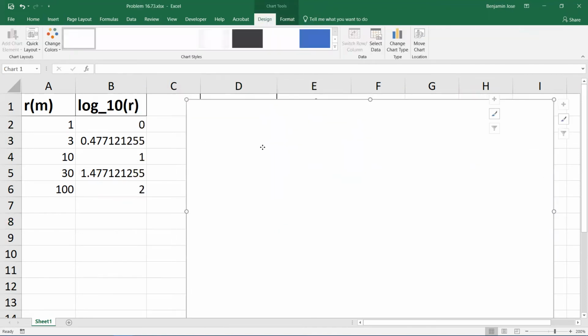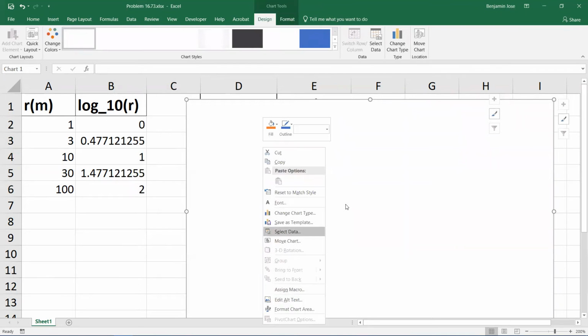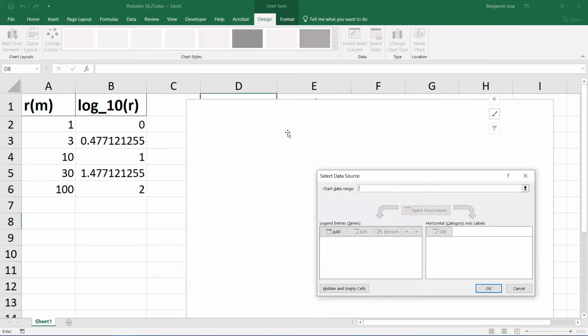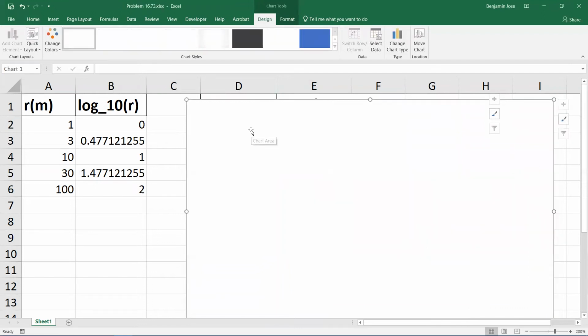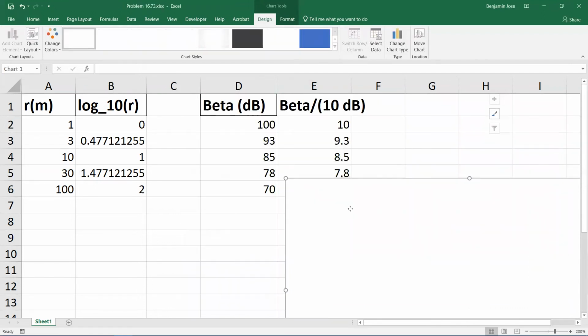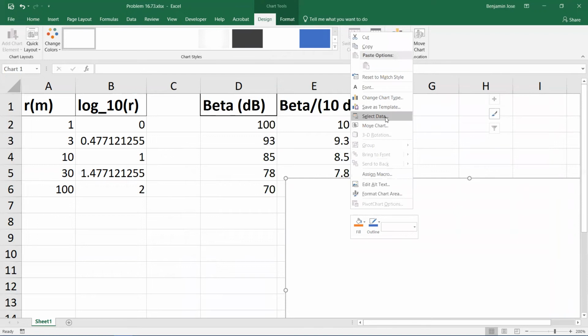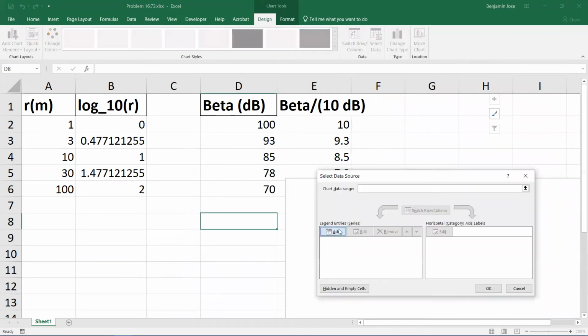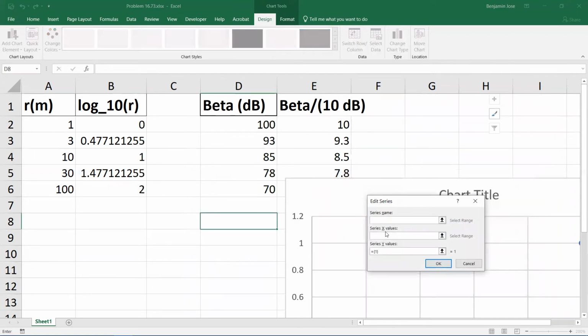And I'll right click, select data. Okay. Select data. I will add a data series. And for the series name, I'll say beta over 10 versus the log of R. Of course, that's a log base 10.